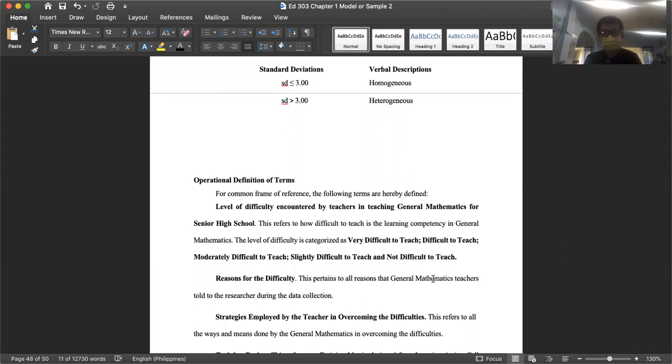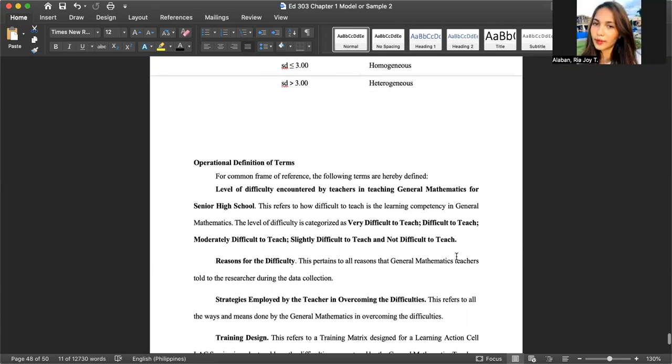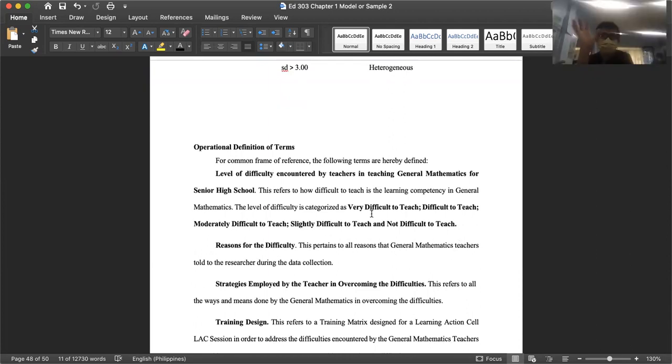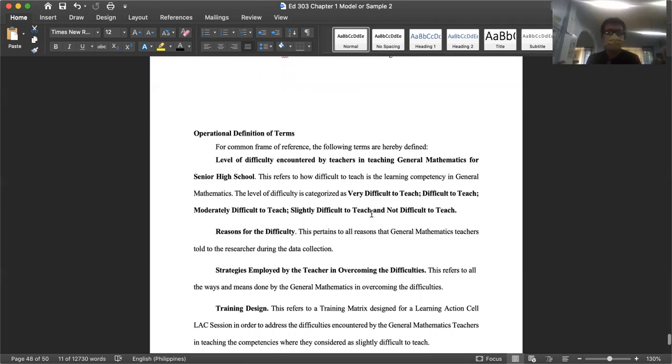However, if the focus is a student, then you're going to change that one: very difficult to learn, moderately difficult to learn, slightly difficult to learn, and not difficult to learn. Did you get me? Okay, so that would be the first term to be defined and contextualized based on your own research proposal.